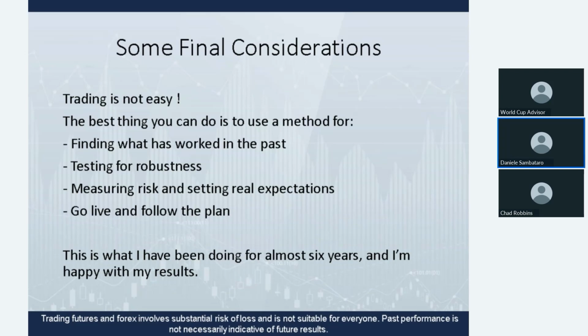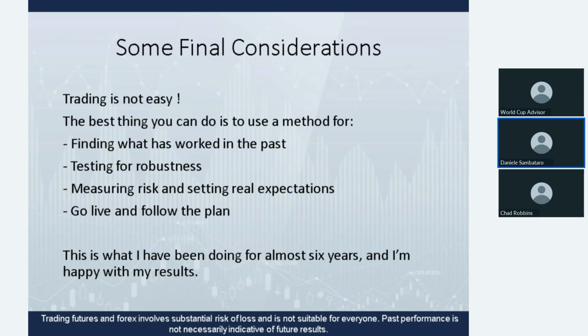After, a very important thing is testing for robustness. I mean that any choice we make must give similar results if we slightly change the parameters. So, for example, in the system on ES futures that I showed you before, I required in the development phase that if I slightly change the entry level, the result remains positive.